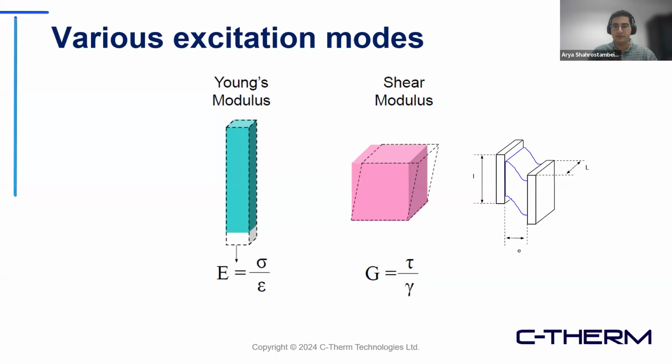It deforms your sample in another way and direction, and it's more associated with the rigidity of your material. The way that we show shear modulus is with a G, since it's a different deformation mode. So we use different letters to show that.